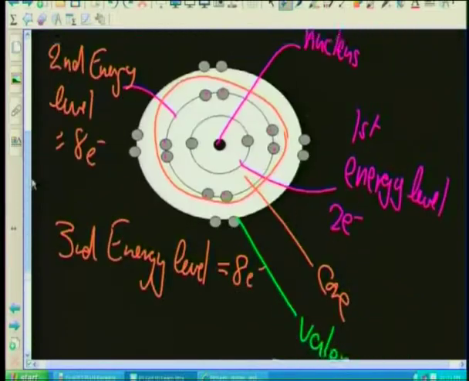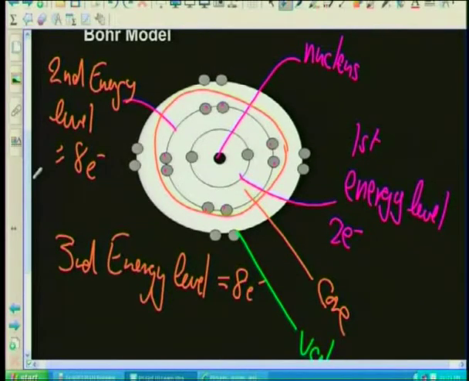So we've got core electrons and we've got valence electrons. The ones outside, far away from the nucleus, those ones are known as the valence electrons. The ones on the inside, closer to the nucleus, but not right on top of the nucleus, those are known as the core electrons. So what we've got to remember from Bohr's model is 2, 8, and 8.